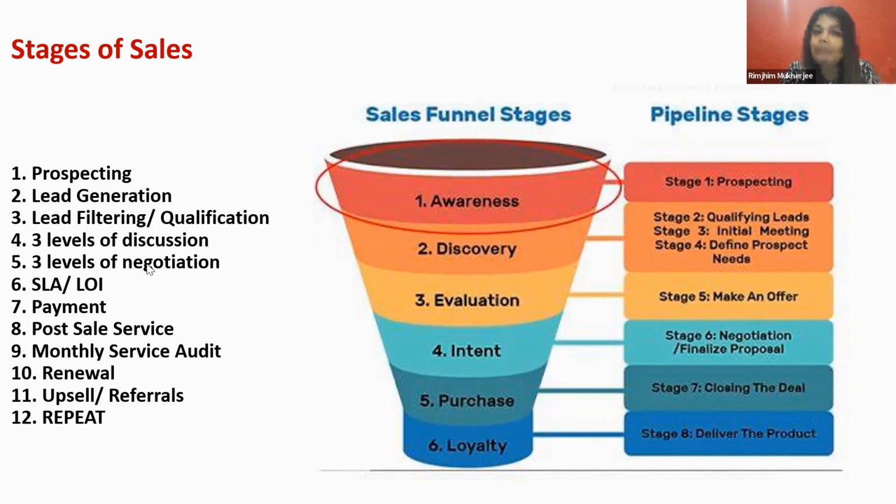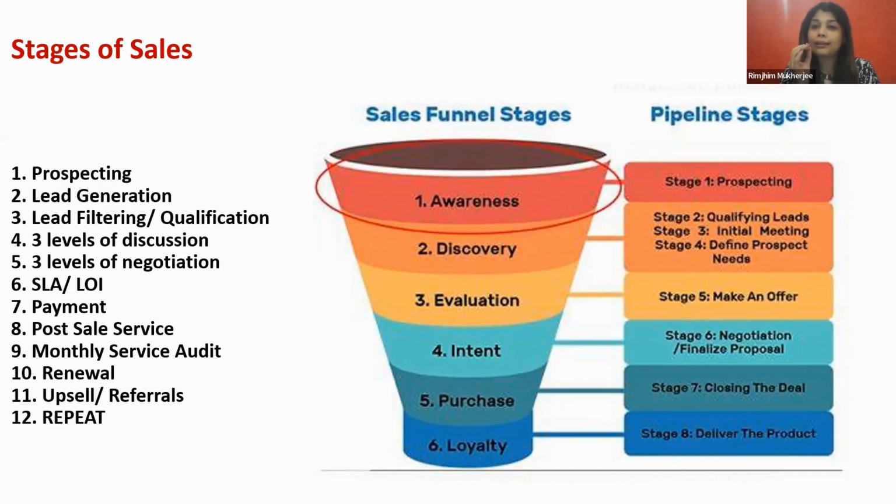So typically after a mutually agreeable price is decided for your product or service, you come to an SLA or an LOI. LOI means letter of intent. Typically 90% of the service-oriented organizations use an LOI.